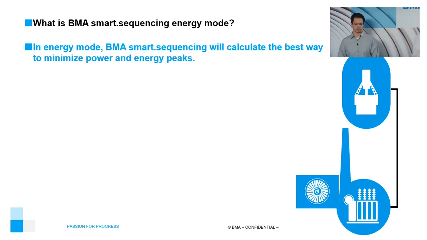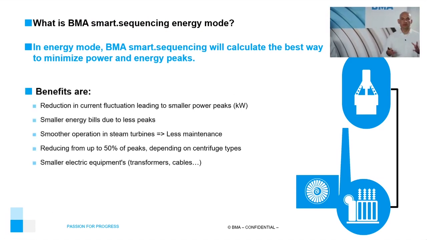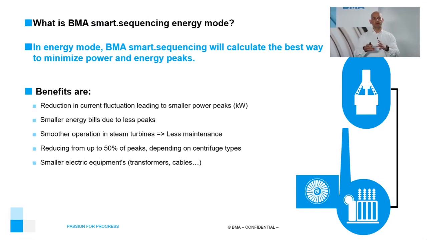Okay, and now it's Jose's turn again, to explain the benefits of this working mode. The benefits, as Eduardo has already defined, are a big reduction in current fluctuation between the machines, and that leads to smaller power and energy peaks.